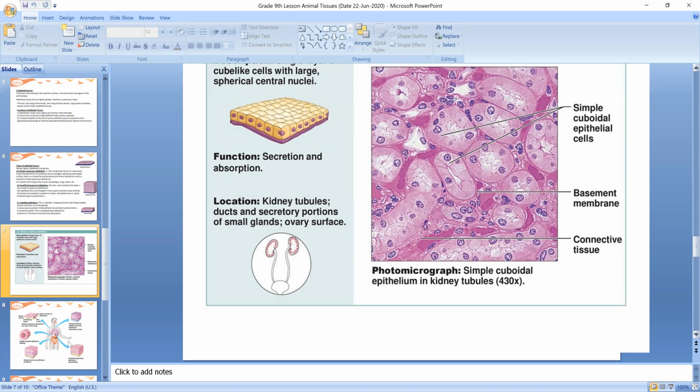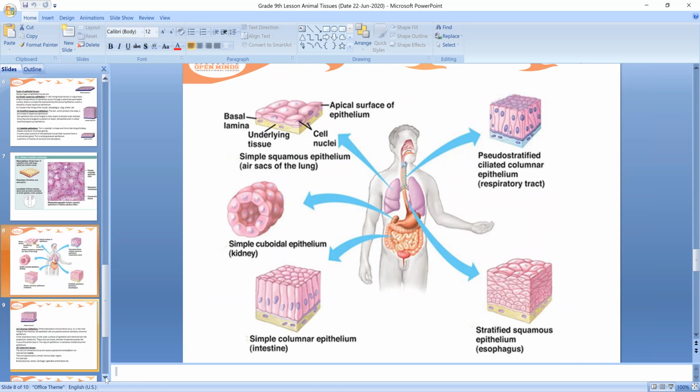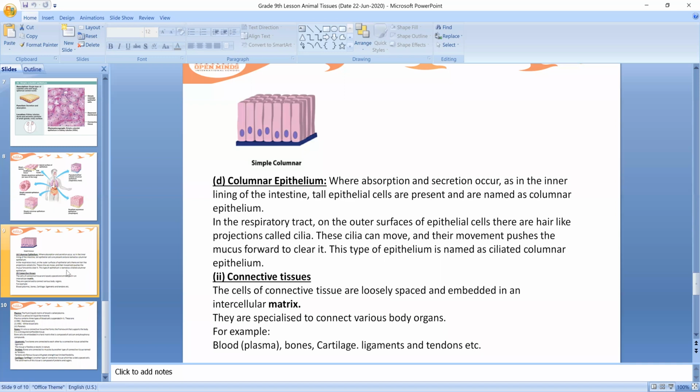And here in this picture you can see simple columnar epithelium, which is present in the intestine. Further on, we'll study the fourth one, columnar epithelium.